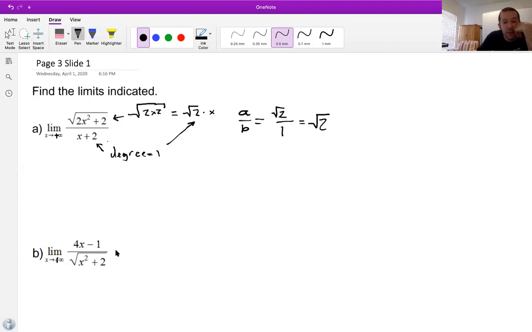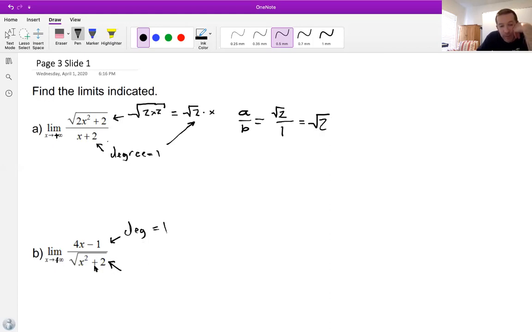Down here, we have a similar situation where we have something that's easier to find the degree of on top, and something maybe a little more tricky on the bottom. Similarly, the degree of the numerator now is 1. And for the degree of the denominator, we think about it the same way we did the one above it, where we say, as x approaches infinity, x squared plus 2 approaches x squared.